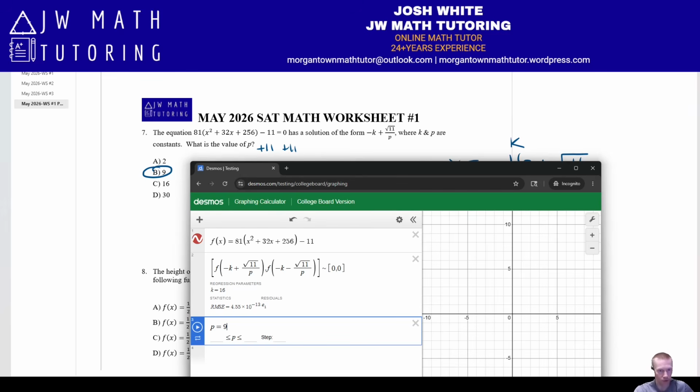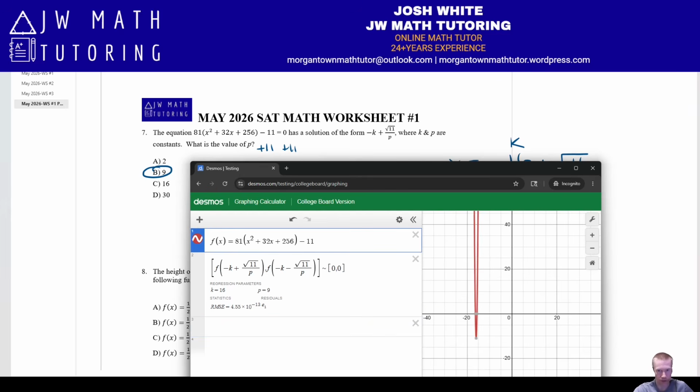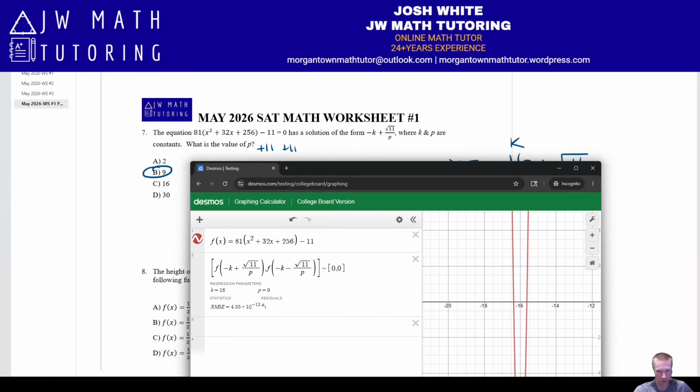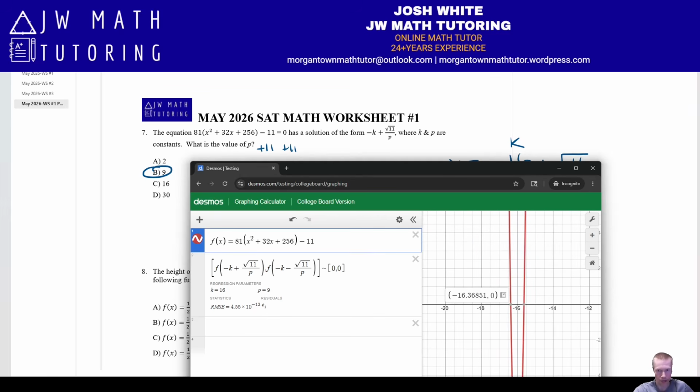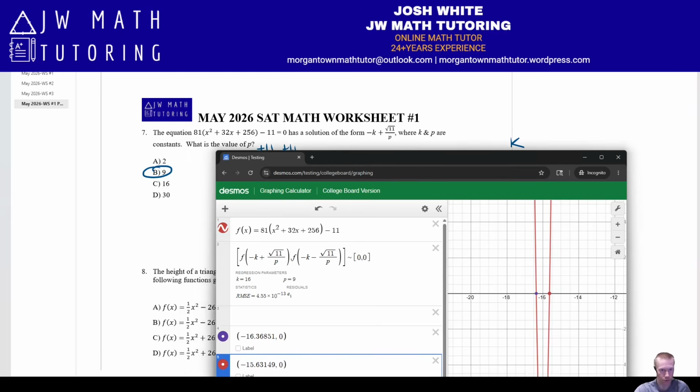I will tell you the other workaround is to do the following. Take the function here. Okay, we have it graphed out over here. It was just kind of off to the side, right? Okay, I'm going to export these two values. Okay, these are my two roots.